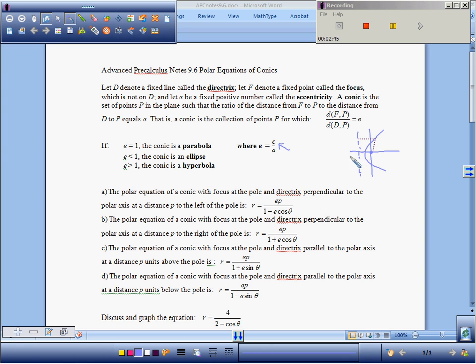But in a parabola, those two distances are the same, okay? But that's not true for the other conics. For a parabola, that number E is equal to 1.